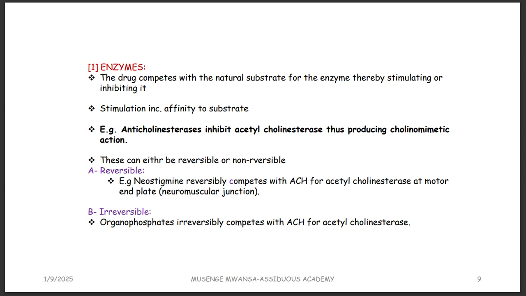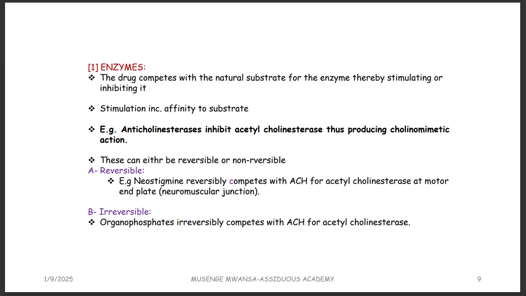And those drugs, we call them acetylcholinesterase inhibitors. So these drugs are going to come and bind to the receptor where acetylcholinesterase was supposed to bind, right?